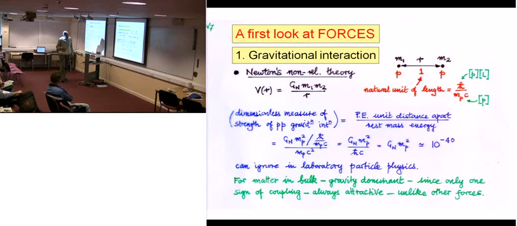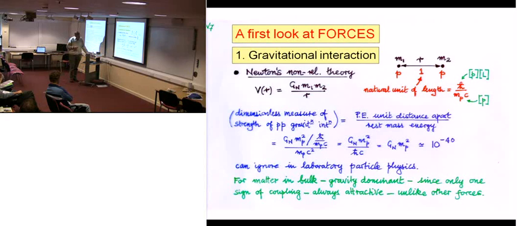So what is a natural unit of length? Well, you can see if you put an angular momentum on the top and a momentum on the bottom, you're going to get something of the dimensions of a length. So that is going to be h bar over m_p c. From our units, that's the natural unit of length.